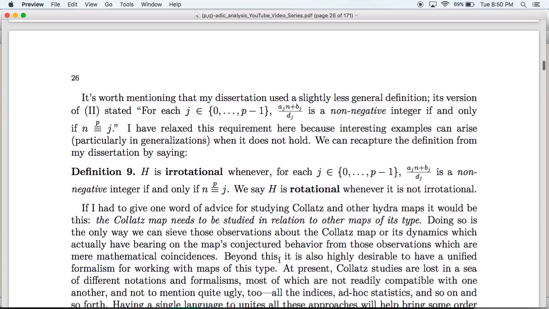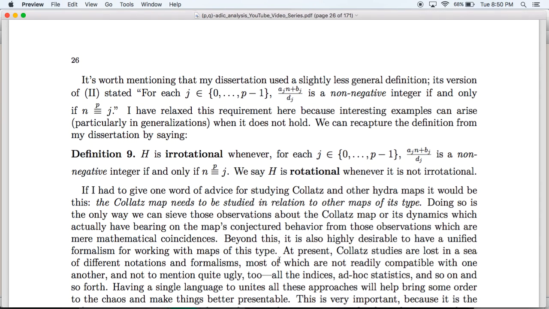Beyond this, it is also highly desirable to have a unified formalism for working with maps of this type. At present, Collatz studies are lost in a sea of different notations and formalisms, most of which are not readily compatible with one another, and not to mention quite ugly too, with all the indices, ad hoc statistics, and so on and so forth.